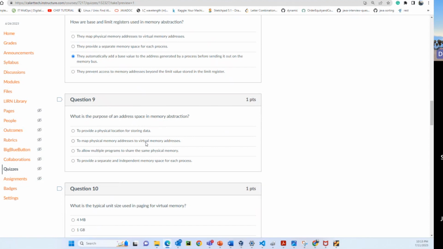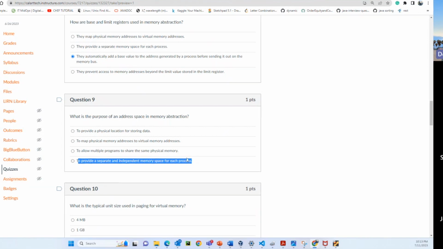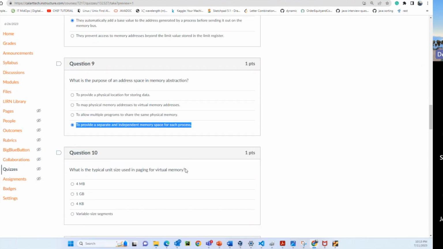No, that's not it, that's the paging, the page table that does it. So it is to provide a separate and independent memory space for each of the processes. That's the abstraction, that's the facility they create. They virtualize the memory and then they put a separate address space for each of the processes.